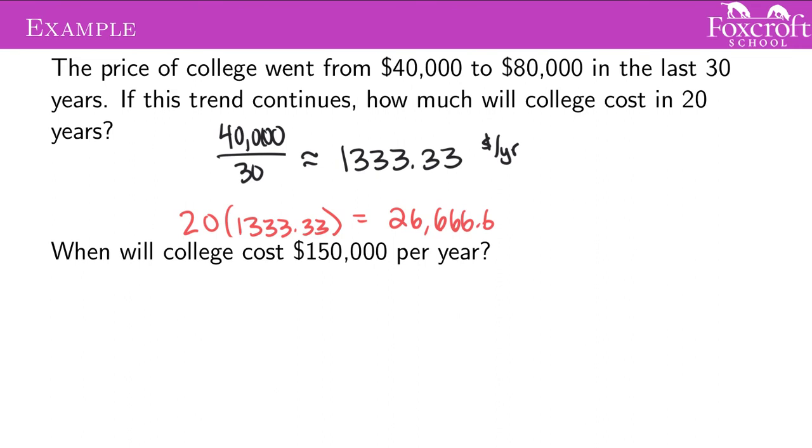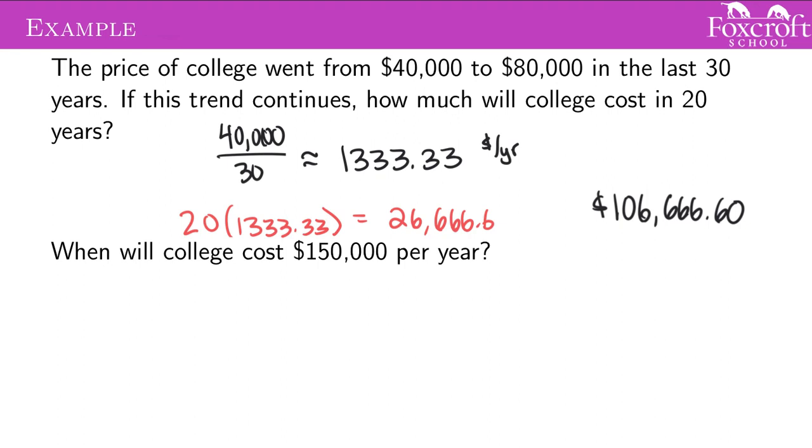So the increase, we add that to 80,000. And in 20 years, if this trend continues, college would cost $106,666.60. And there was some rounding in there, so it might be a little bit different. But all right, this is what we mean by using a previous trend to predict the future.